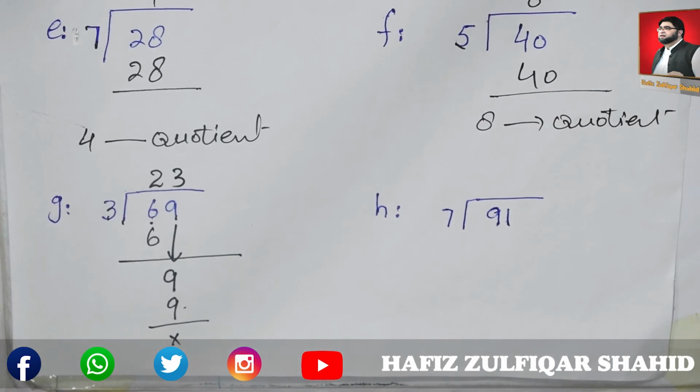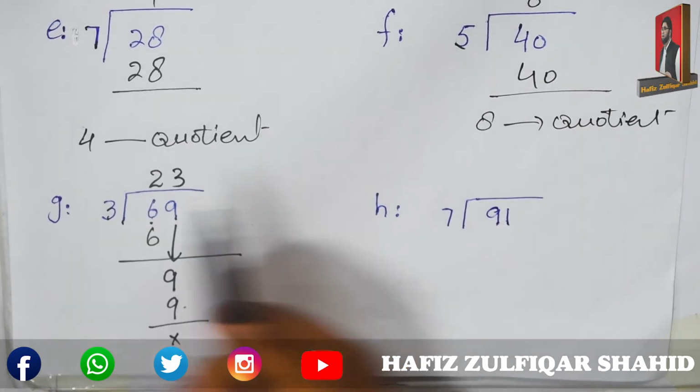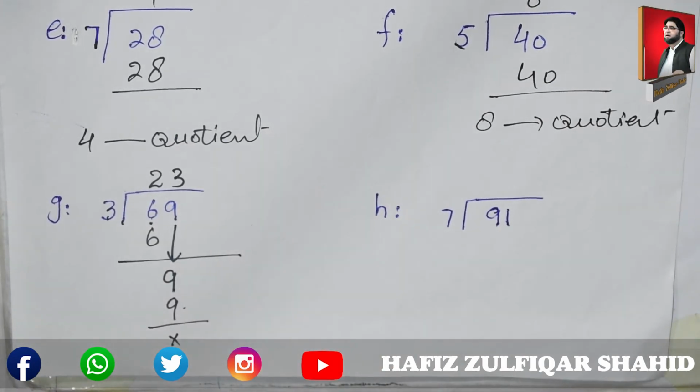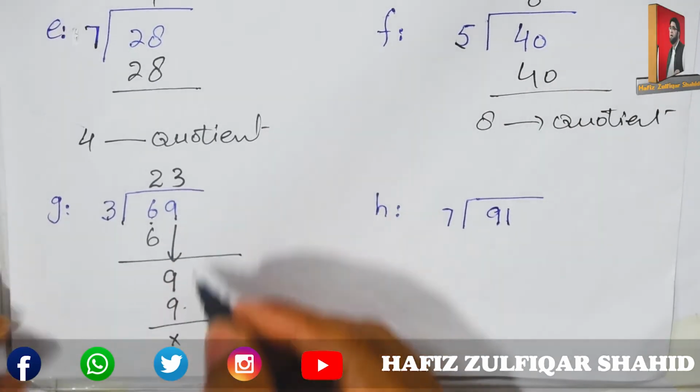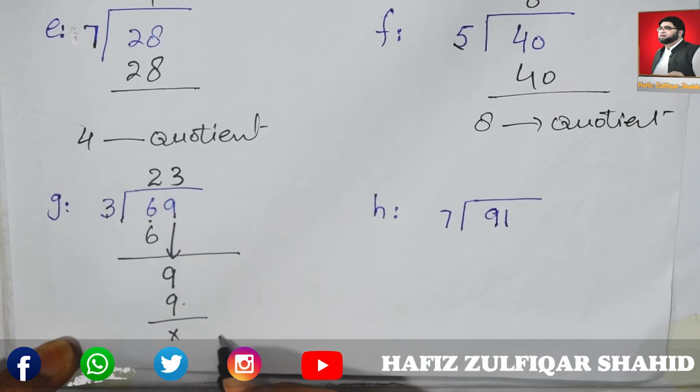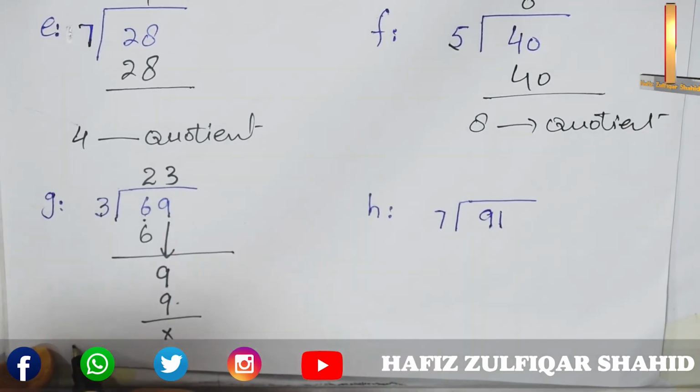Solve digits one by one. If you have greater number, you cannot read the table easily. Divide numbers by one digit. We get 23 as quotient.